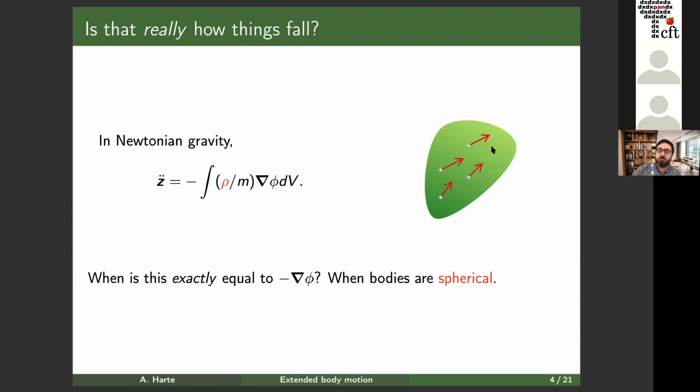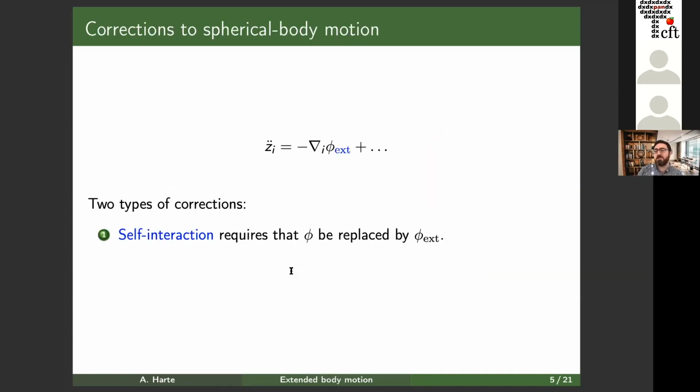So if this blob were a sphere, then this integral collapses exactly to this gradient of phi, and that's it. There's nothing else to say. But not all objects are spherical. Of course, most things that you look at in astrophysics are close to spherical, so that's one reason why this is usually a good approximation. There are other reasons as well. But let's see what else happens.